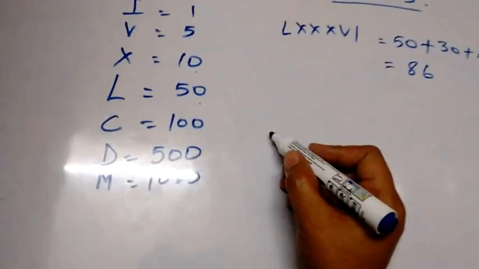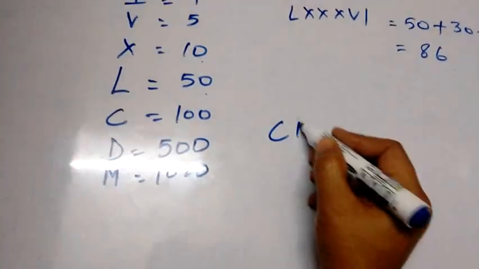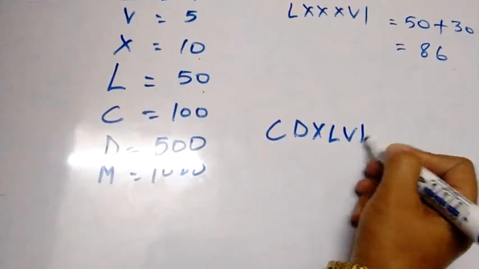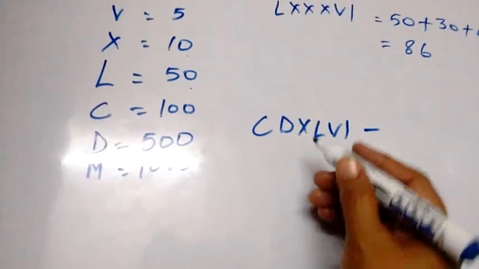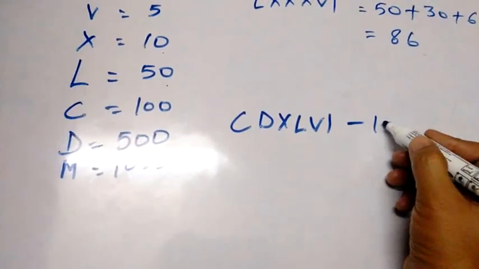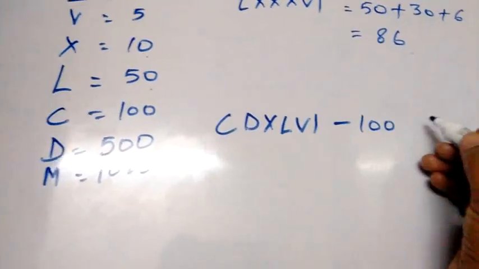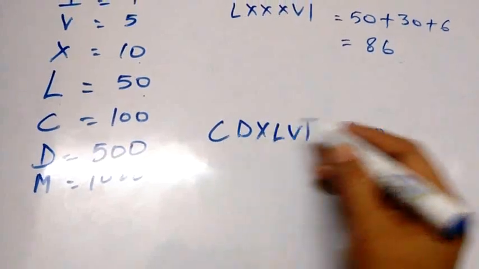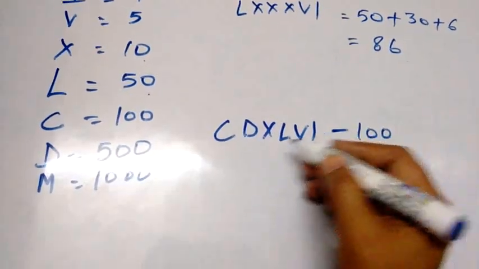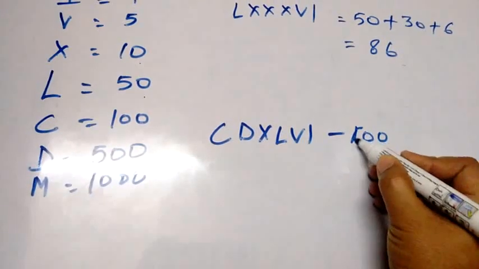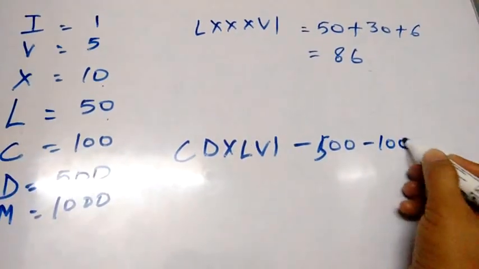Next example is CDXLVI. CD is 400. D means 500. So when we are writing C here, that means 500 minus 100. That means 400.